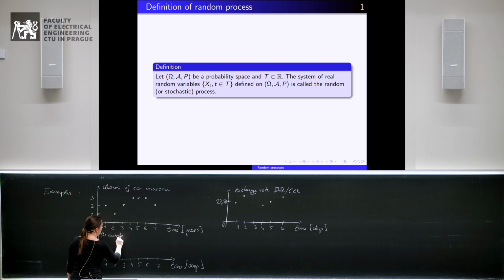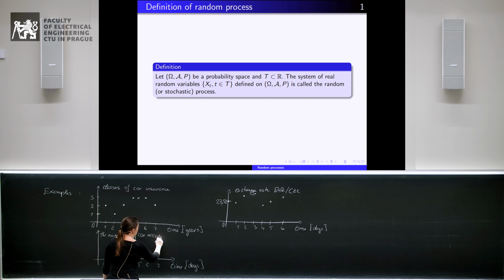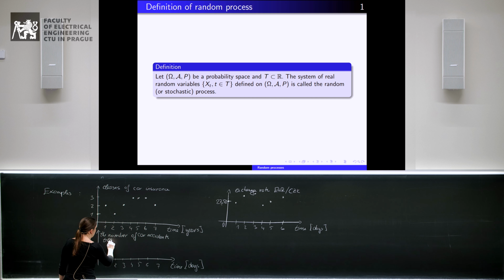the number of car accidents till the time t. And then the plot will be continuous.